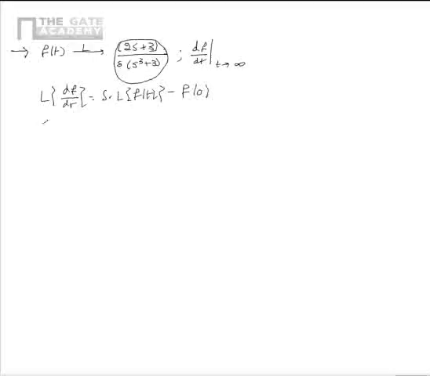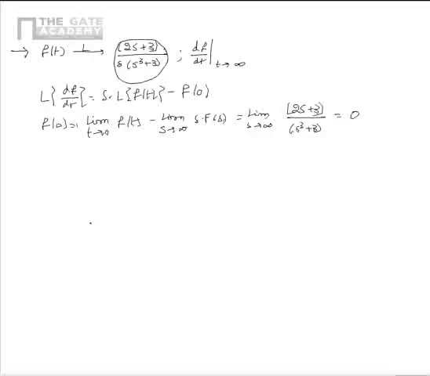So f of 0 is the initial value of the function, which can be written as limit t tends to 0 f of t, that is equal to limit s tends to infinity s into F of s. This is further equal to limit s tends to infinity (2s plus 3) divided by (s cube plus 3), which upon simplification becomes 0.